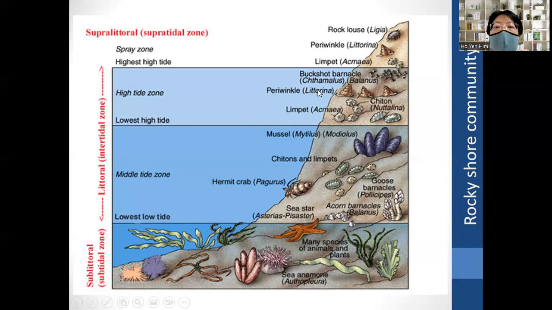Litorina is like a snail. Then you've got mussels, the ones that we eat, very common. And then this is called what? Starfish, okay. And then a lot of algae, a lot of different kinds of seaweed, and sea anemone, this one here, okay.